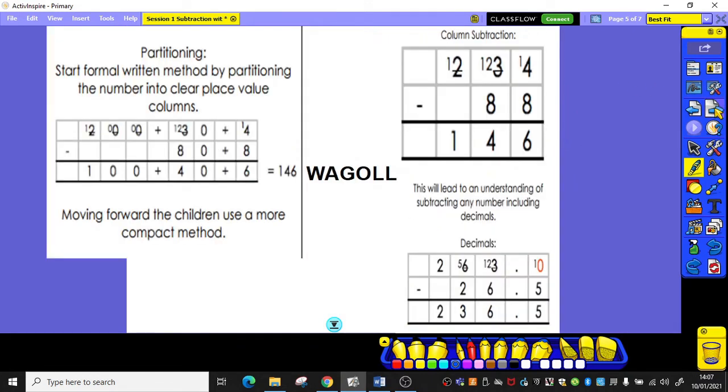Now, the WAGOL on this page, in other words, what a good one looks like, shows the compact method and the partitioning method, both with exchanges on. And down the bottom here, we can see the method using decimals, and some of you will get on to using decimals with your subtraction problems later on in the week.